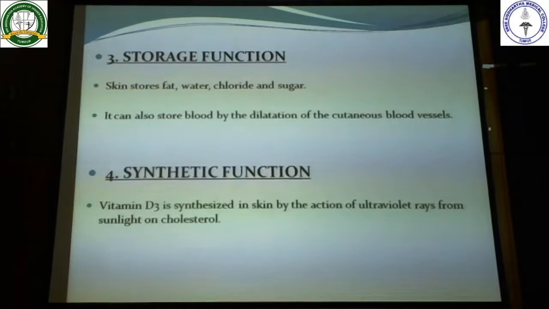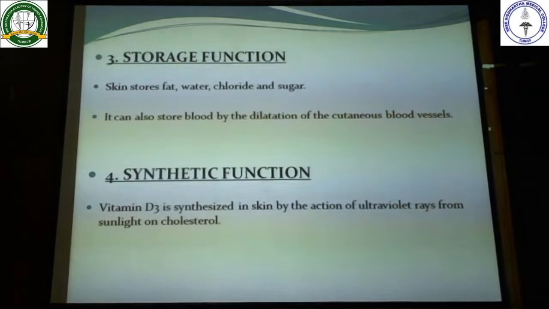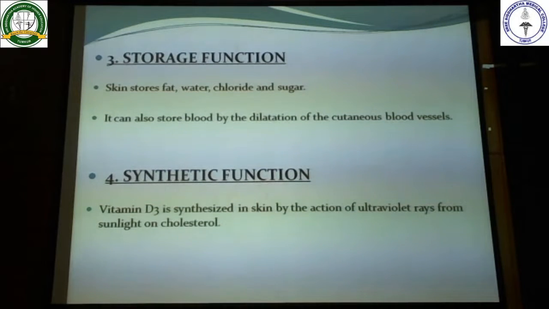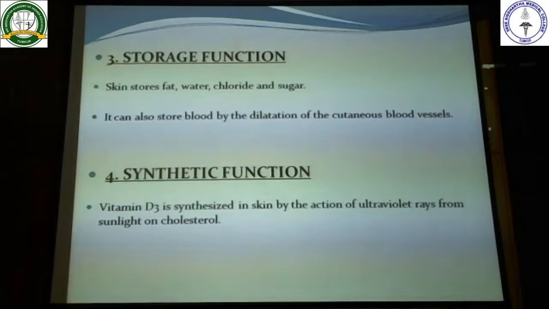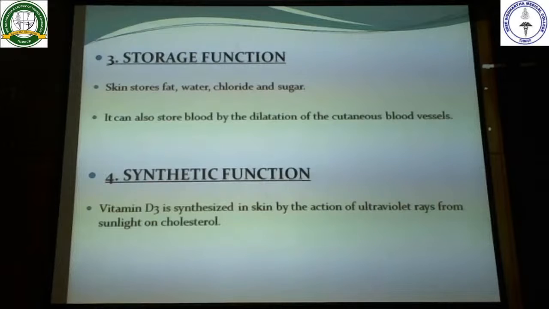Coming to the third function, the storage function. The skin stores a considerable amount of fat, then water, chlorides and sugar also.